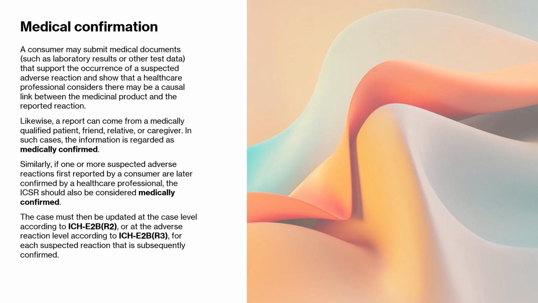So we have a term in PV which clearly defines this, if a case is being treated as medically confirmed or non-medically confirmed. So these terms are the upgrading of a case and the downgrading of a case.